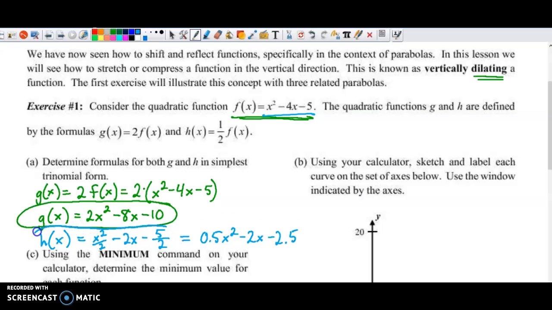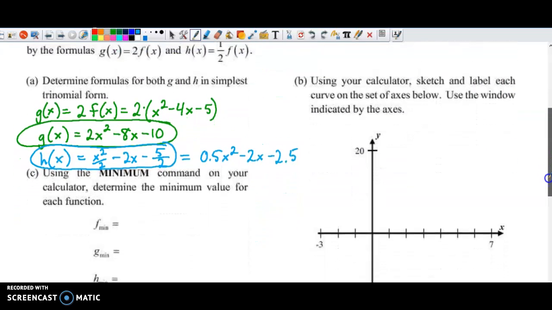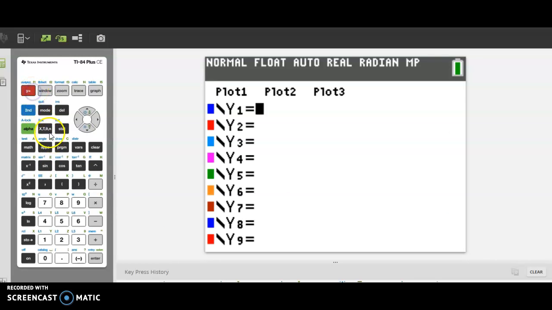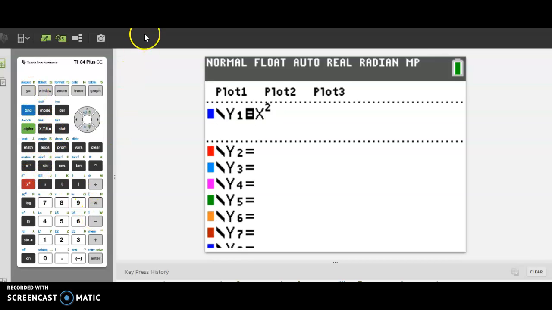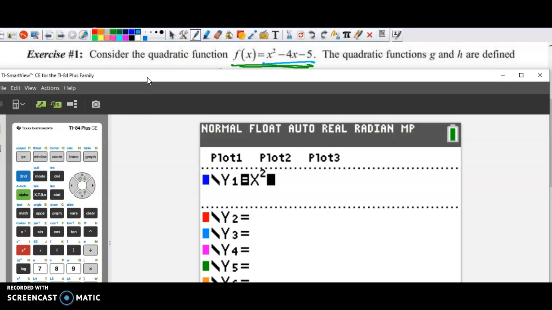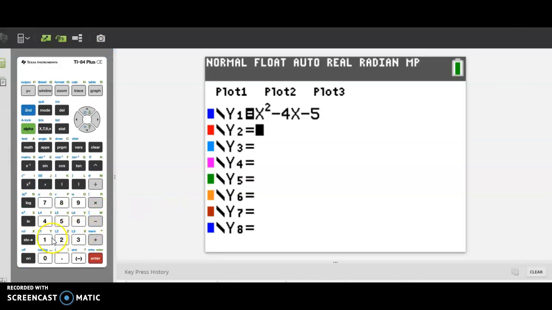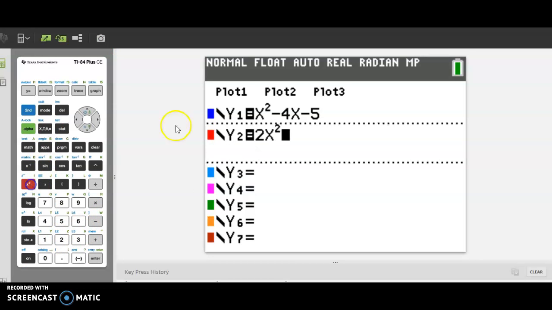So on our graphing calculator, they're going to ask us to sketch and label the curve on a set of axes. So I'm going to use the graphing calculator and just type that in. We had x squared minus 4x minus 5. And then the next one, this is what I like about a graphing calculator so much, I can tell the difference by the color.